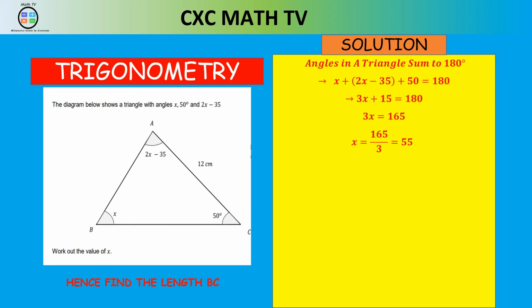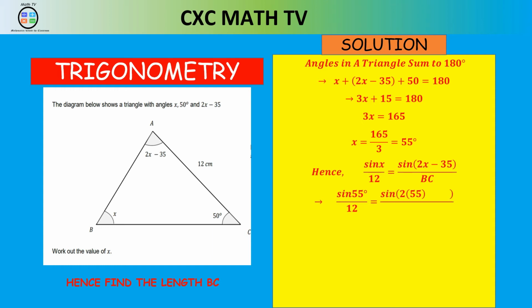Now that we know x is 55 degrees, we can use sine rule to find the length BC. Now, which angle is opposite to the side that we want, BC? The angle opposite BC is 2x minus 35. So the sine of 2x minus 35 over BC is equal to sine x over 12 using sine rule.